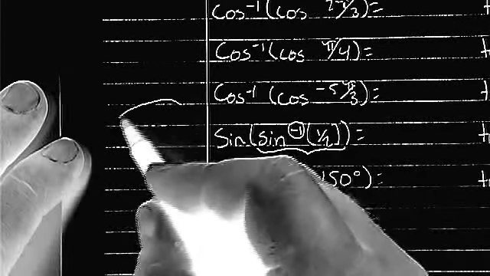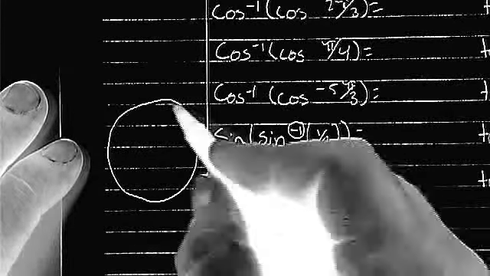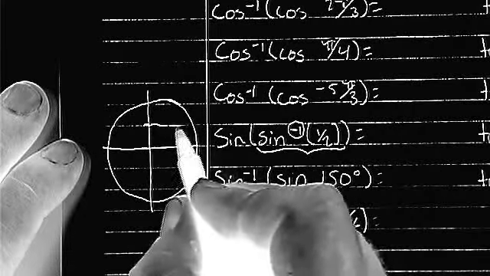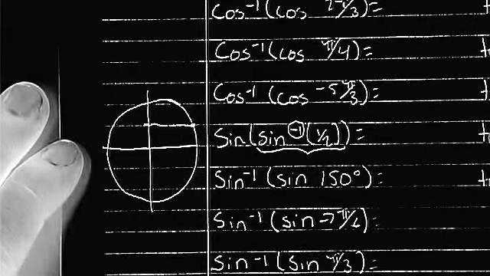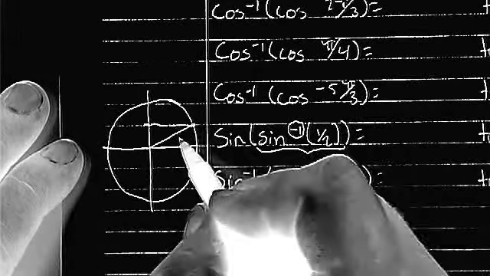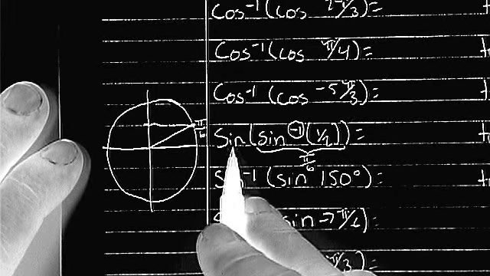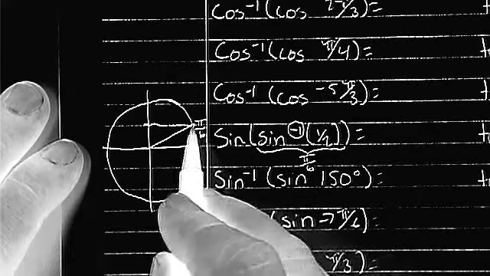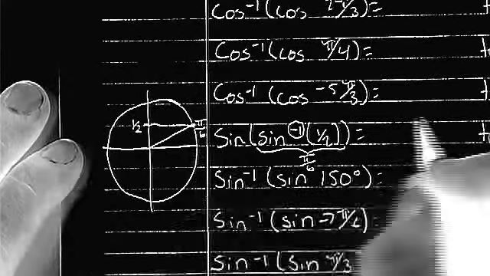If you think about the circle, see if I can draw a halfway decent circle, the y value is 1/2, and you have to give me an answer that's inside the range of the inverse sine function, so that would be over here, and this angle measurement would be pi over 6. Now this is asking for the y value at pi over 6. Well, the y value at pi over 6 is 1/2.